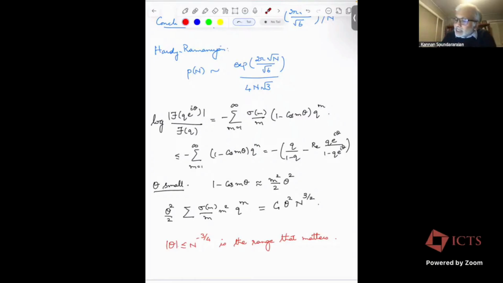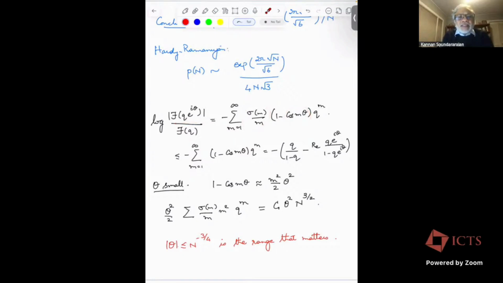And I can try to understand how f of q e to the i theta behaves as theta varies. So if I compute using the function for the log, you can see that this sigma of m times q to the m, that was the f of q. And then this cosine m theta, that's going to give you the size of f of q at e to the i theta.